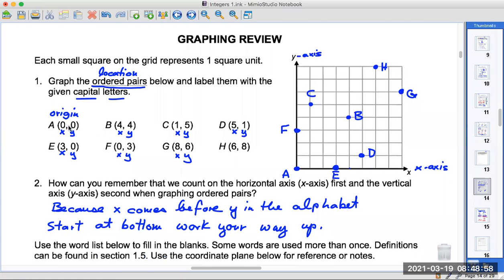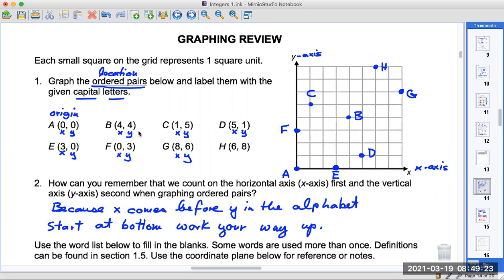So when you plot the points or put them in this coordinate plane, you always start at this location. That's called the origin, (0, 0). And then you always move left or right, so horizontally. So you always move on the x-axis first and then up or down. Later on, it's down also on the y-axis. Left, right, up, down.